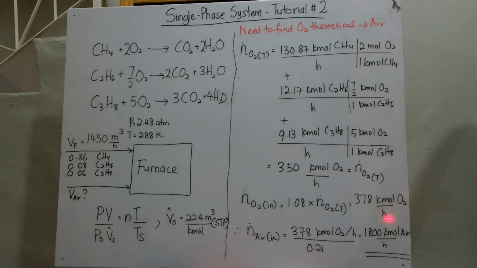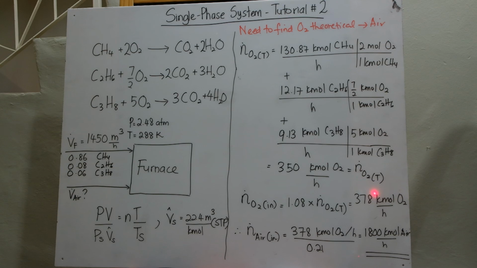So this is the calculation for theoretical oxygen. For the actual oxygen that goes in, we use this calculation. We have 1.08; this 0.08 comes from the excess information. So 1.08 times the theoretical oxygen that we have just now.